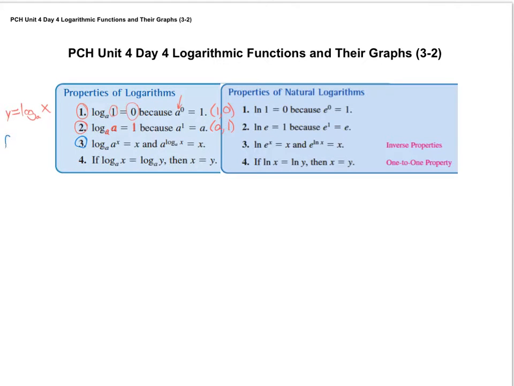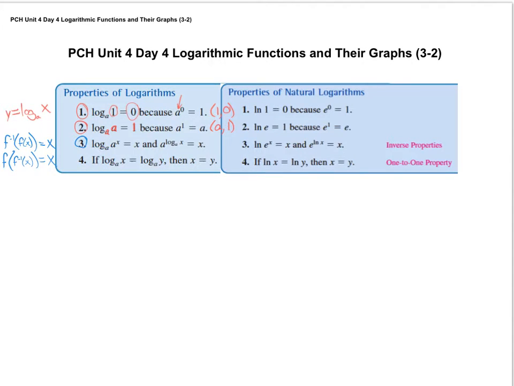If you remember, when we were defining an inverse function, what does f inverse of f of x have to equal? x. And then it also has to work the other way: f of f inverse of x has to equal x. That's the definition of an inverse function, and that's what this property is showing us.